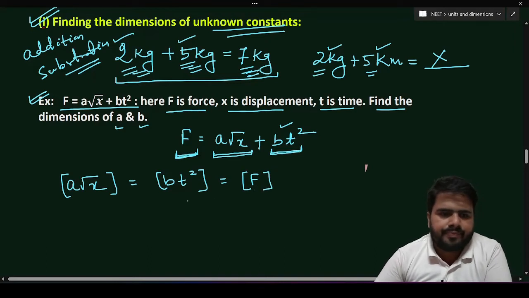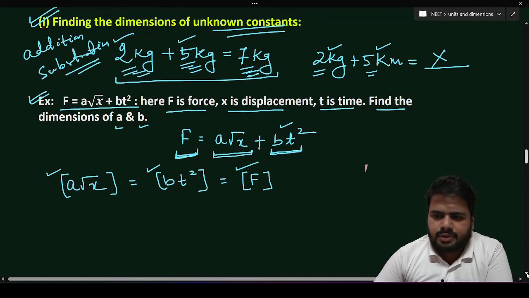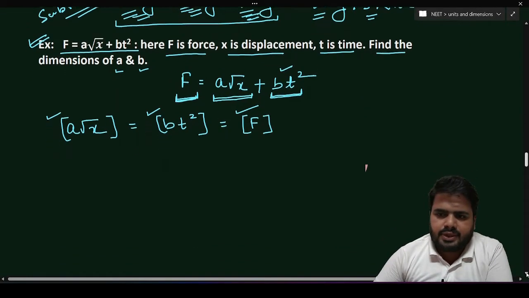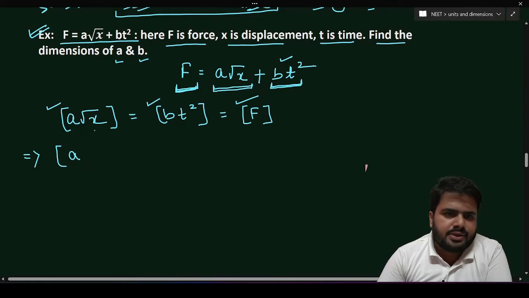Clear, all of you? The dimension of a root x is equal to that of b t square, and it is also equal to that of force. Now we will put in the dimensional formulas of known quantities. We don't know the dimension of A, so simply write it as A, but we know the dimension of x.